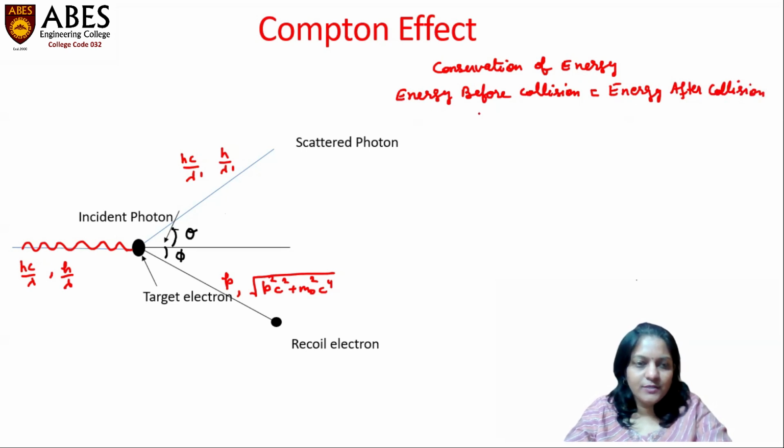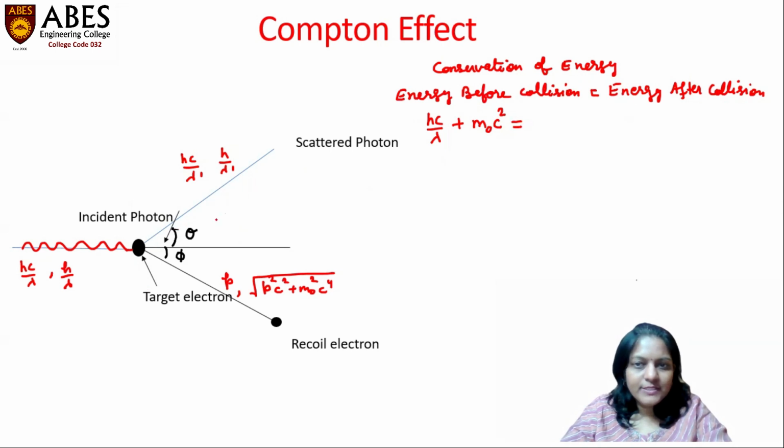Energy before collision: in this system, there are two particles, one is the photon and another one is the electron. So the photon has the energy before collision hc by lambda. The electron is at rest, and at rest, the electron has energy m naught c square.